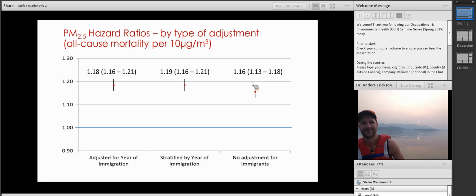The figure on the right is when you don't do any adjustment, and then when you add adjustment, either stratifying by year or period of immigration, or just adjusting as a covariate, you see slight differences in your hazard ratio. So adjusting for immigrant status does have an impact on your overall outcome.